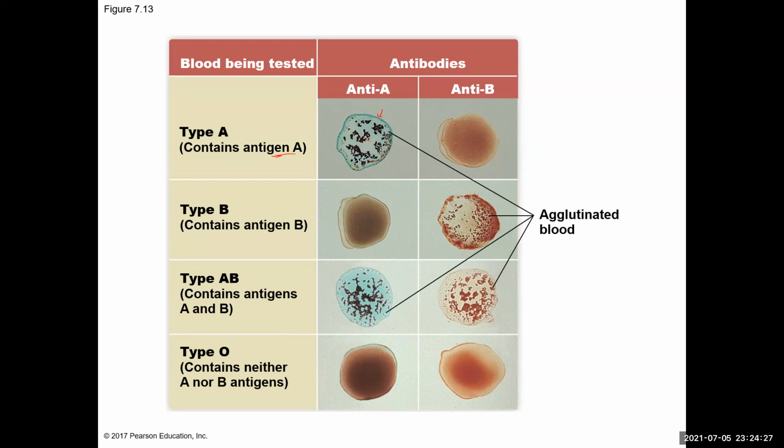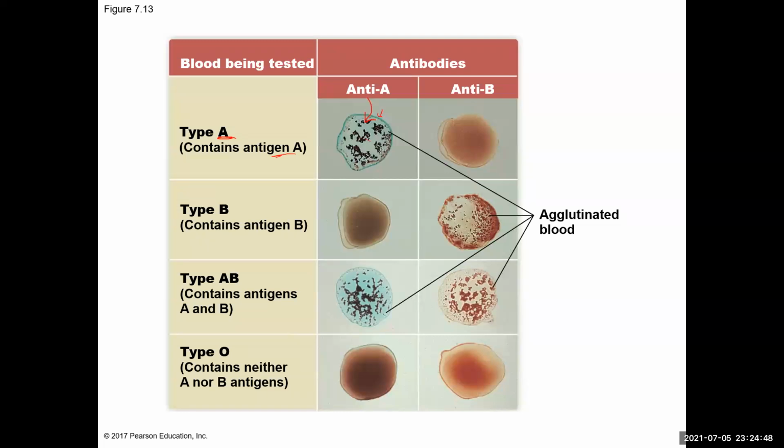And then you would add the anti-B antibodies. And so this would be the antibodies that you find in A blood, right? And so if the anti-A antibodies agglutinate and clump, then you know it's type A, right?